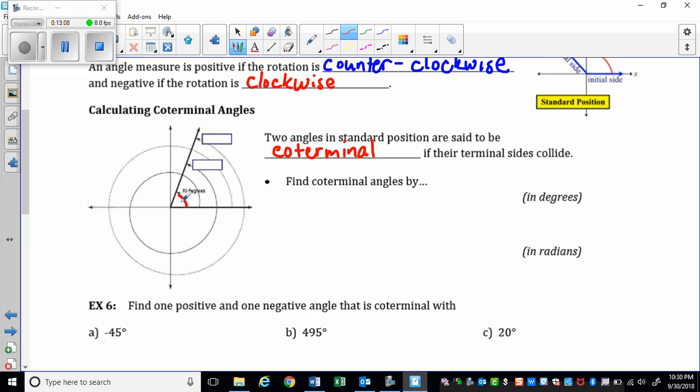If we go around again, a whole revolution is 360 plus 70. Well, this is, I think, 430. Add them up for me. And if I go around all the way again, so we're going to go around once and then again, this is going to be 790.